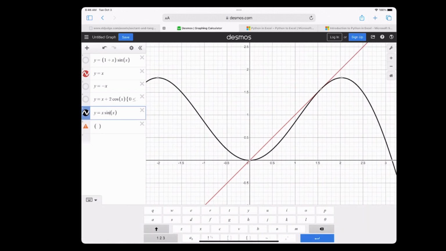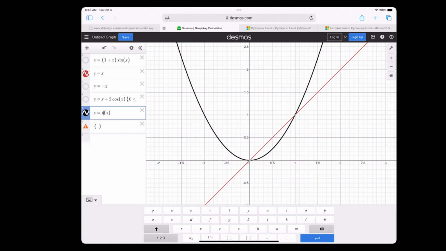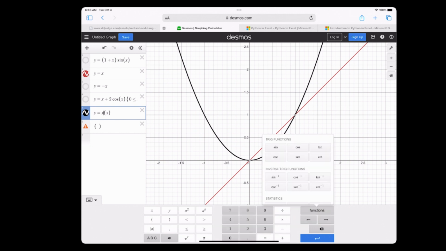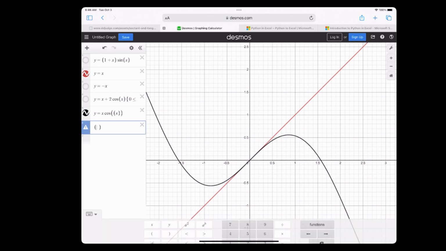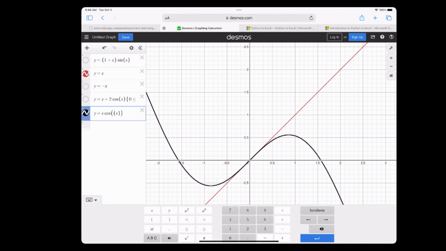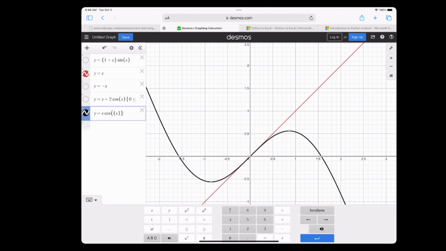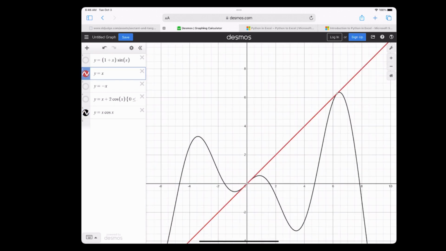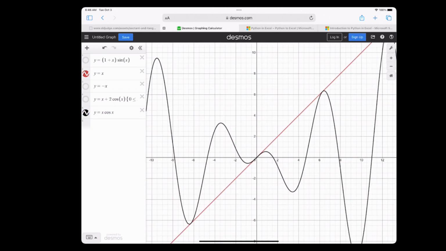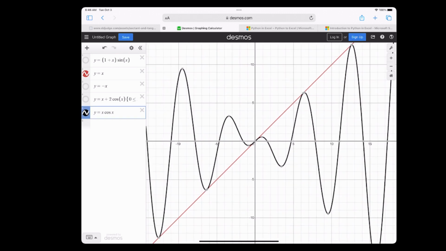Did I do cosine? There it is. I apologize. So that curve is x cosine x. You guys see how that looks? The curve x cosine x?